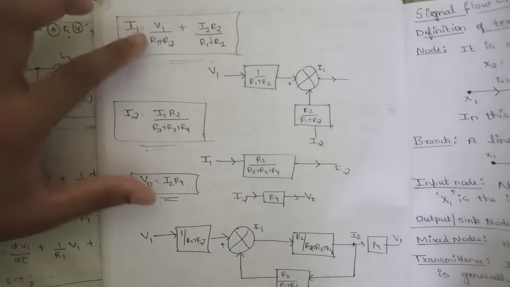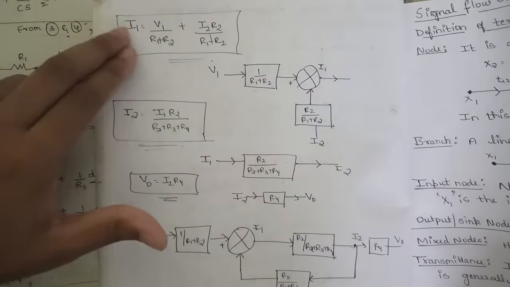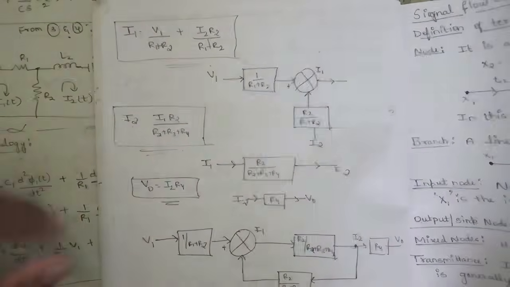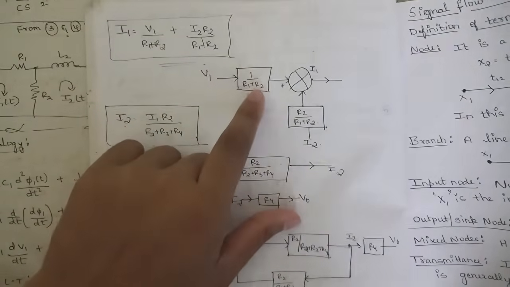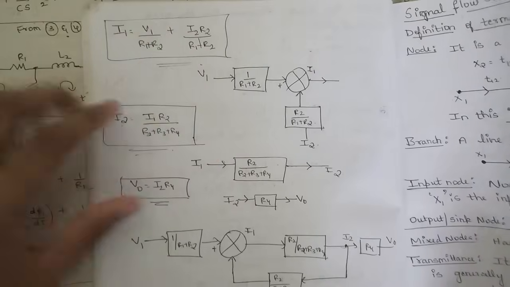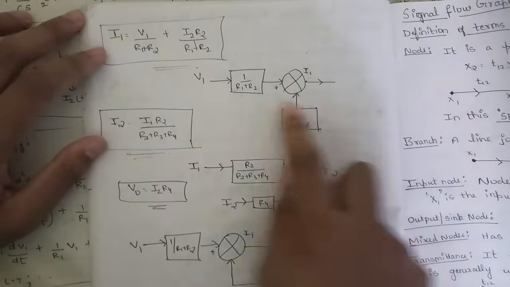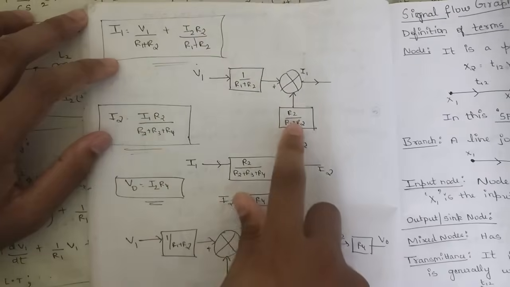So here in the gain path you should be writing all the resistances, and wherever I1 and V1 are there you should represent them like this. Here you can see that we have V1 into 1 by R1, and 1 by R1 plus R2, so that V1 would be coming here, and since we have a plus sign here, this I1 would be the summing point for these two blocks. That is 1 by R1 plus R2 and R2 by R1 plus R2.